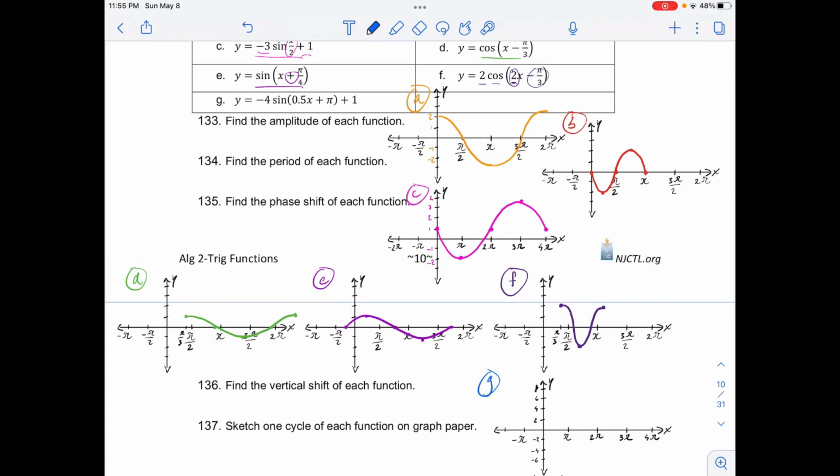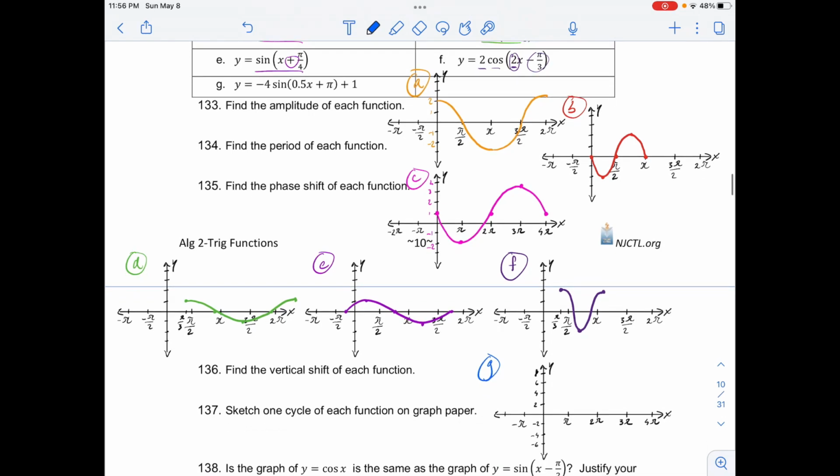Okay, moving on to G, we have y equals negative 4 times sine of 0.5x plus pi, plus 1. So the easiest way to graph this is probably just to plug in values, make a table of values for different x's. So when we plug in a negative pi for x, we get a value of negative 3.